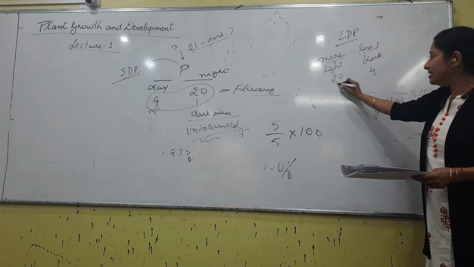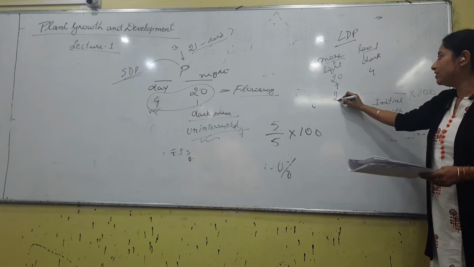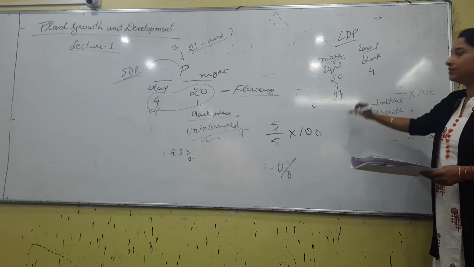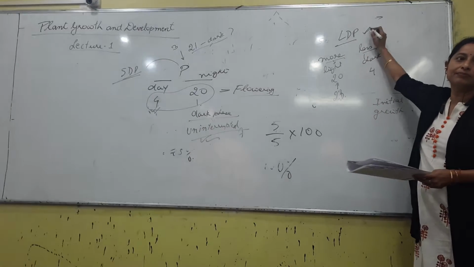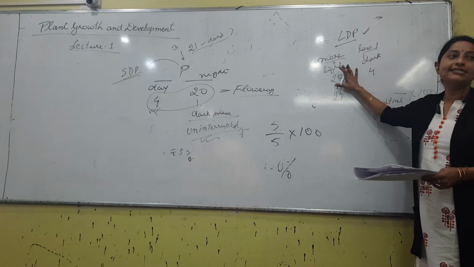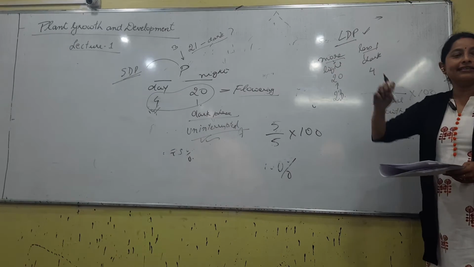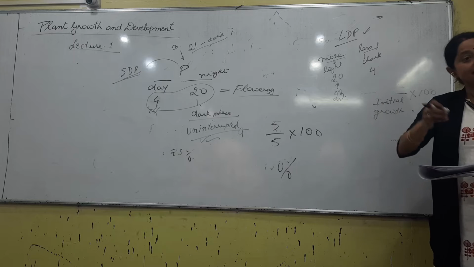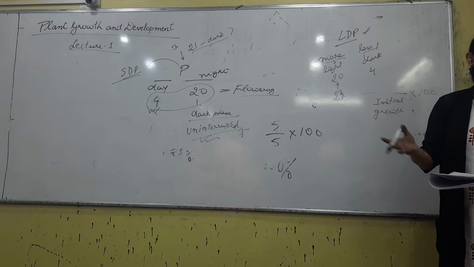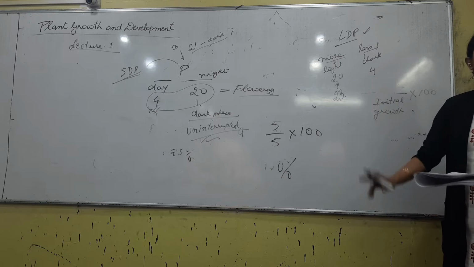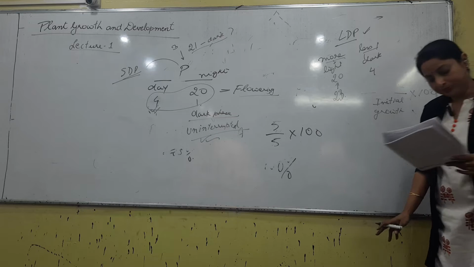Here if I give 21 or 23, then what will happen? Good for the plant because it requires more light. So if you increase the darkness here it is not good, but here increase the light, good for the plant. Clear?